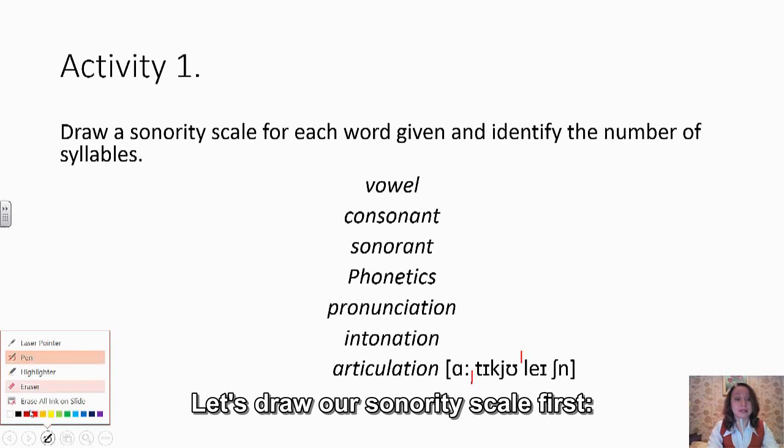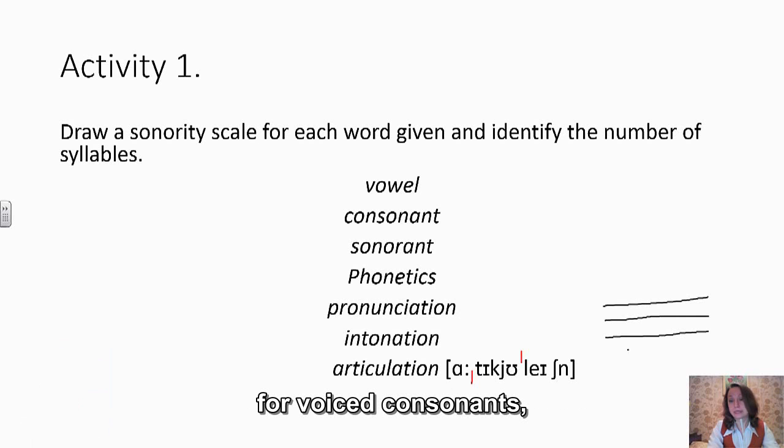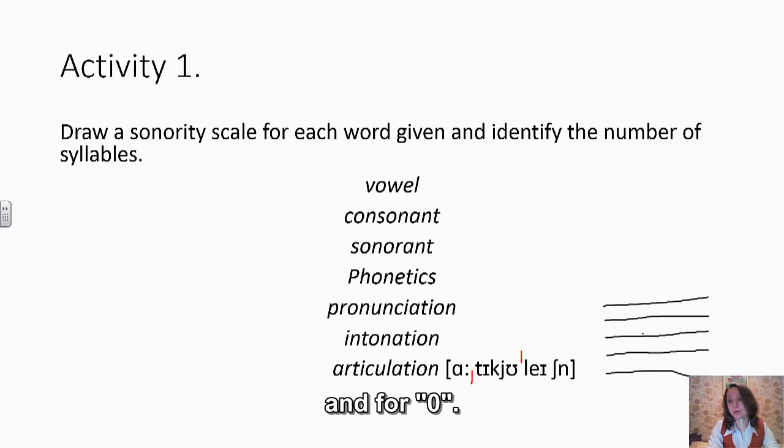Let's draw our sonority scale first: for vowels, for sonorants, for voiced consonants, for voiceless consonants, and for zero.